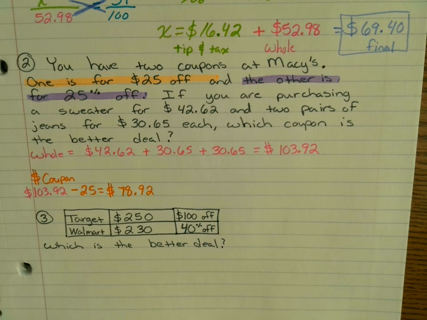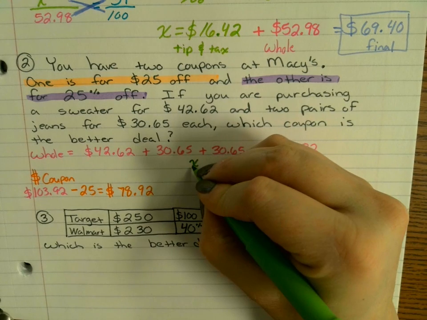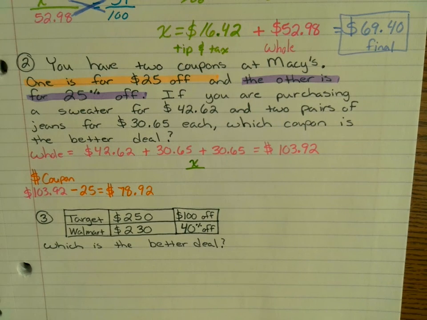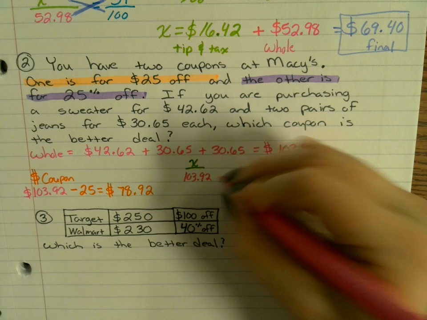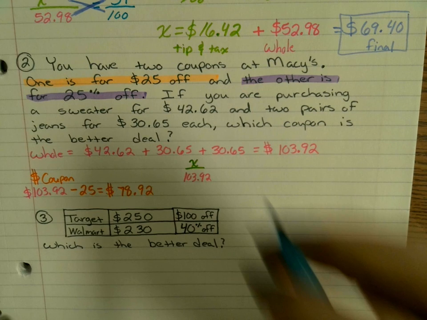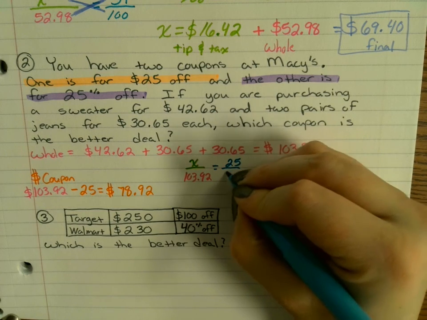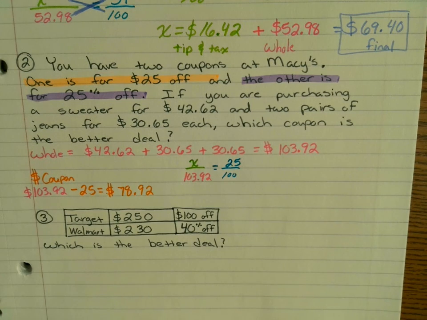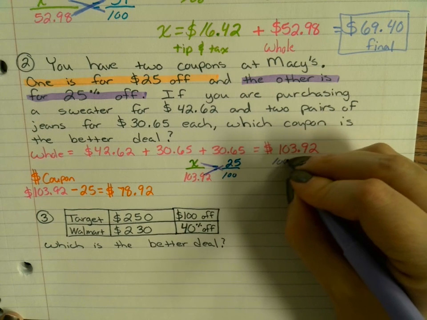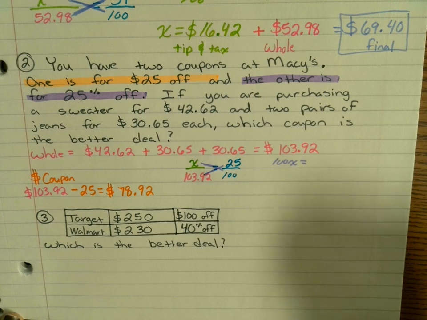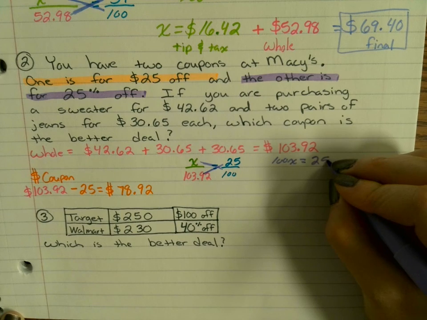Now I have to figure out what the percentage coupon would cost me. So for the percentage coupon, I'm going to set it up as x over $103.92, and that's going to be set equal to 25 over 100. Do my cross product. I'm going to get 100x is equal to 2,598.